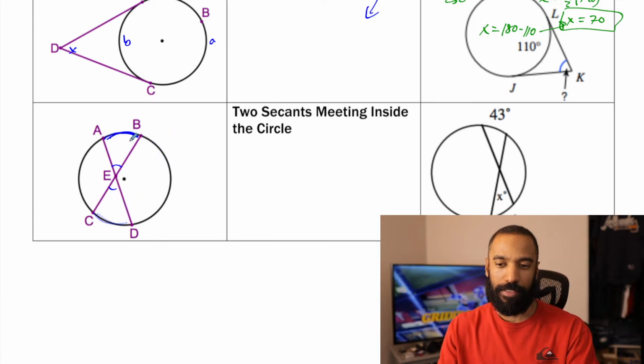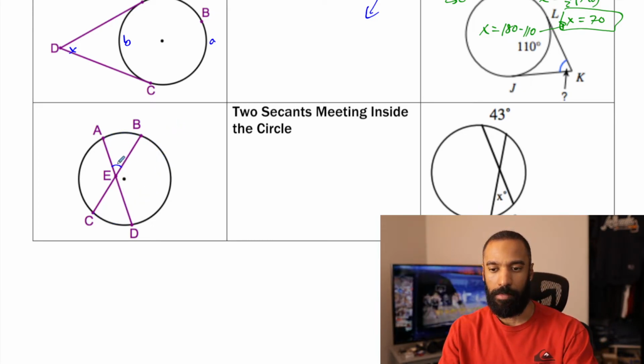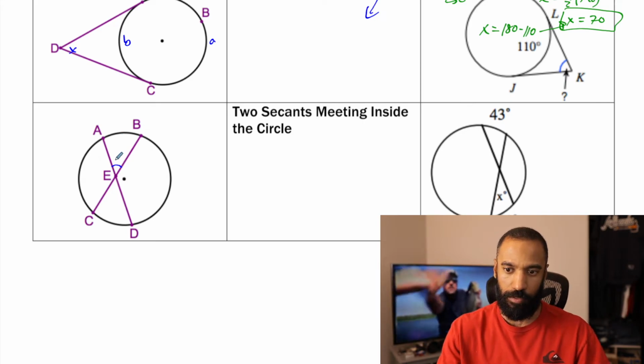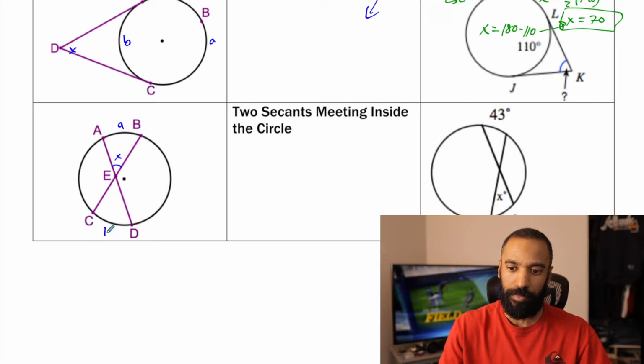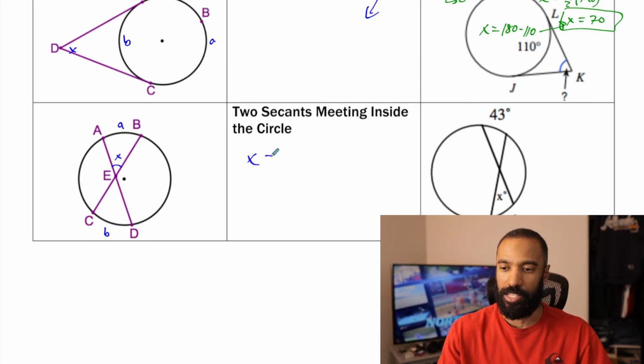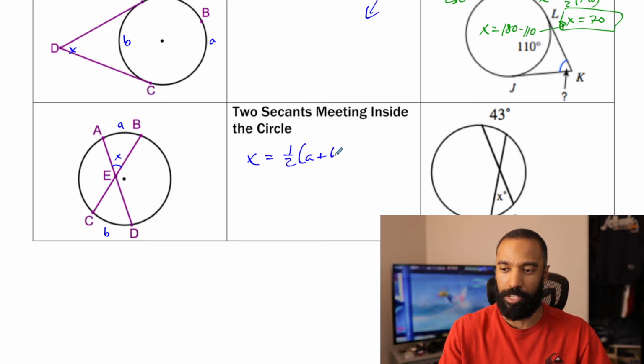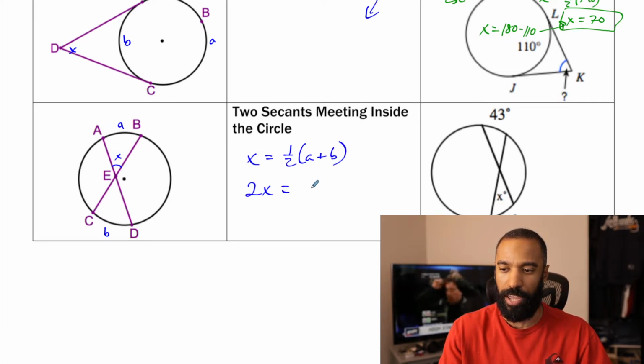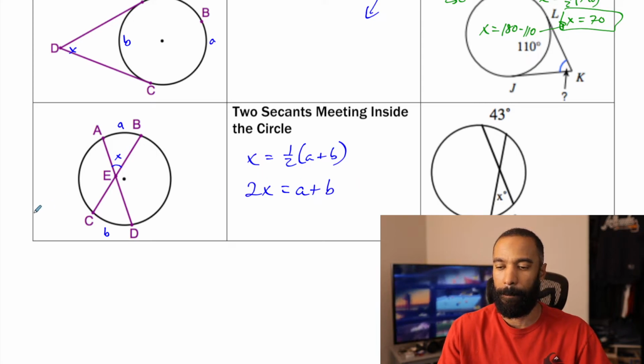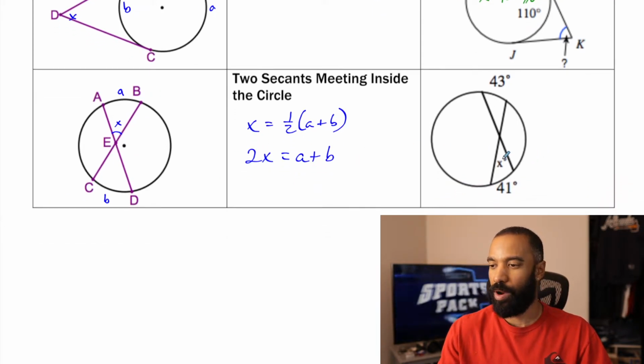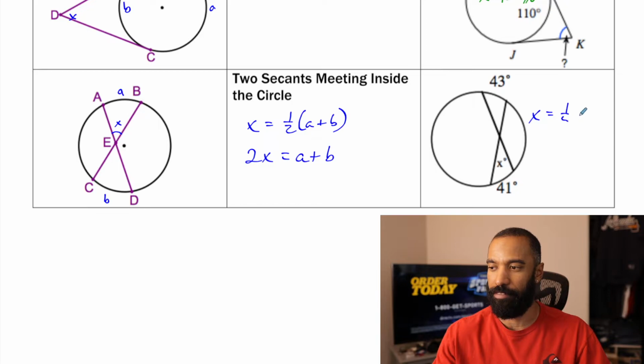So the angle measure is half of the sum of the intercepted arcs right there. So if this is your angle measure x, and this was a and this is b, x is half that of a plus b. Or of course, if you double your angle measure, you get a plus b. So if I wanted to get x right here, this angle measure, that should be half.